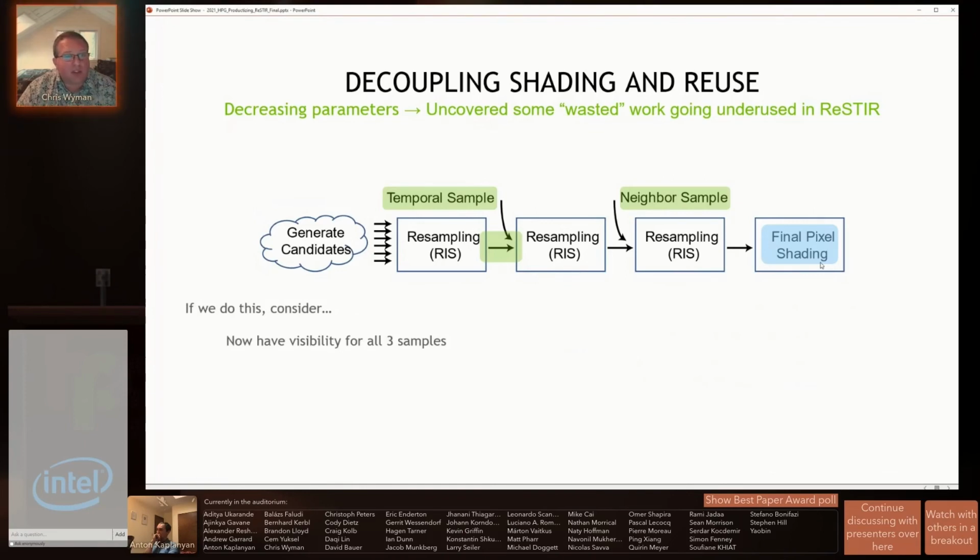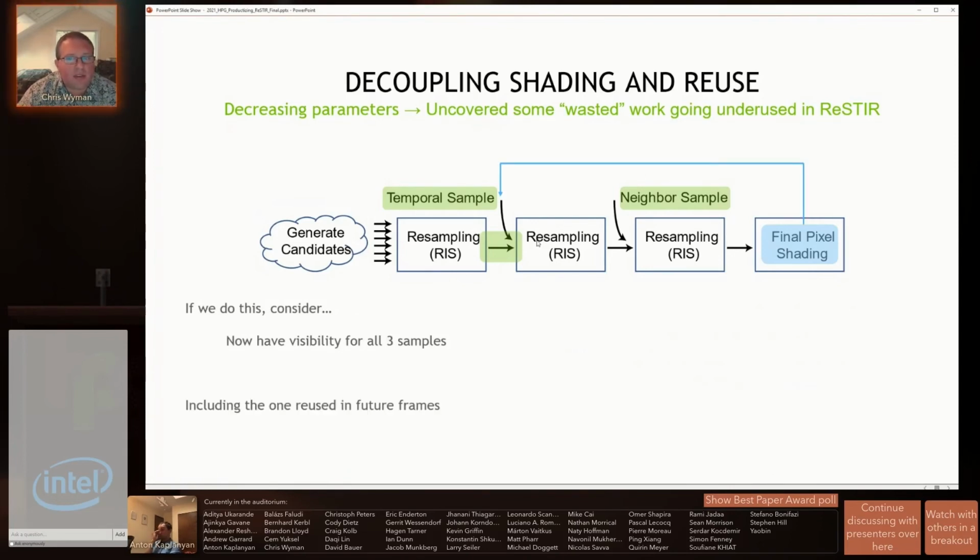Now, if we think about this a little bit, we now have visibility for these 3 green samples, and I'm going to pause my automatic timings again. We have visibility for our 3 green samples, and one of those will get selected, and that sample will again be reused in the future frame.